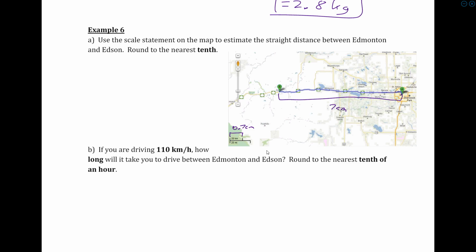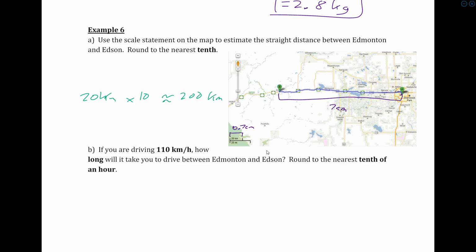But if I knew there was like 8 or 9 of those, what would I do then? It's like there's 8 or 9 of those, maybe 10 of those, and I know each one is 20 kilometers. So there are 10 of these things, 20 kilometers each, and we're going to go times 10 of those distances. I'm guessing it's about 200 kilometers, and in this case, I was asked to estimate.